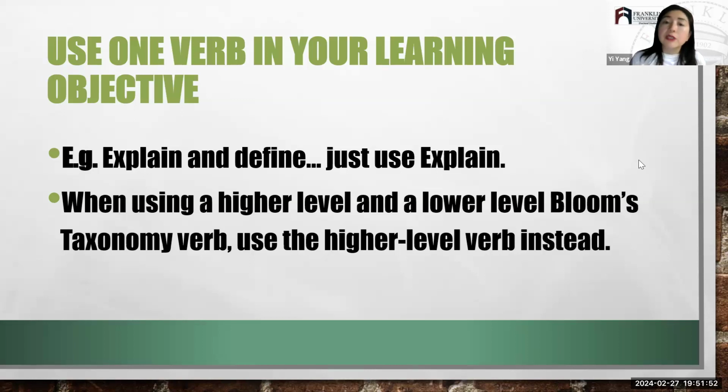So there's no need to define cognitive flexibility theory, then explain that theory. This is a mistake that a lot of people make when writing the outcomes, or objectives. Again, outcome and objective are used interchangeably, but they're the same thing.